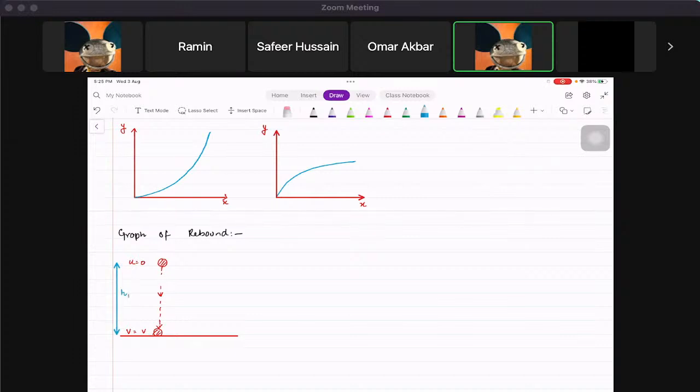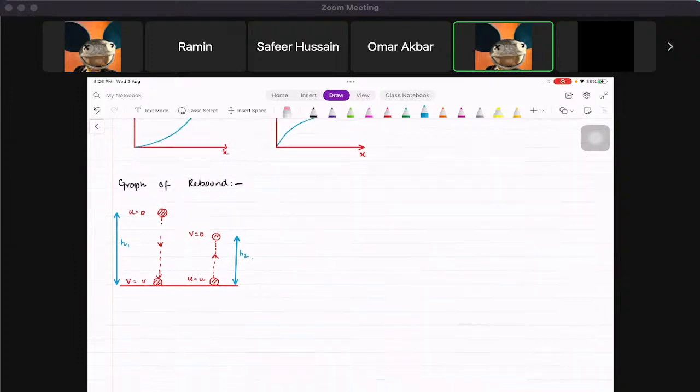Then when it rebounds, this object is gonna go up, the initial velocity is u, and I told you final velocity was 0, and the height, let's say, is h2. Okay. Now how do you really make the graph for this? Let me show you.